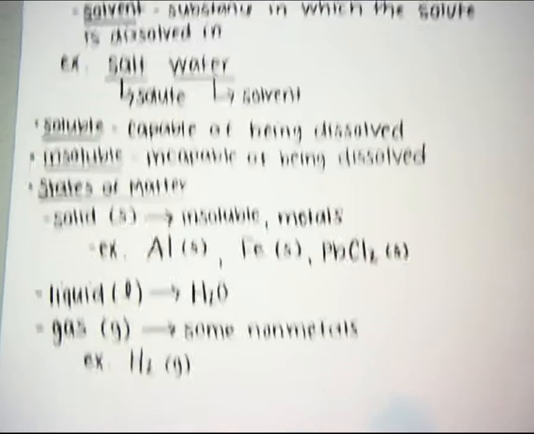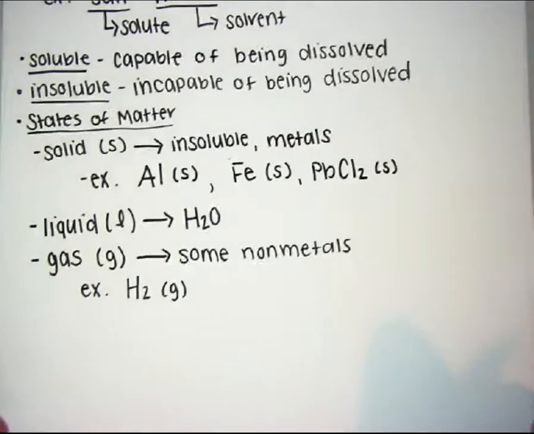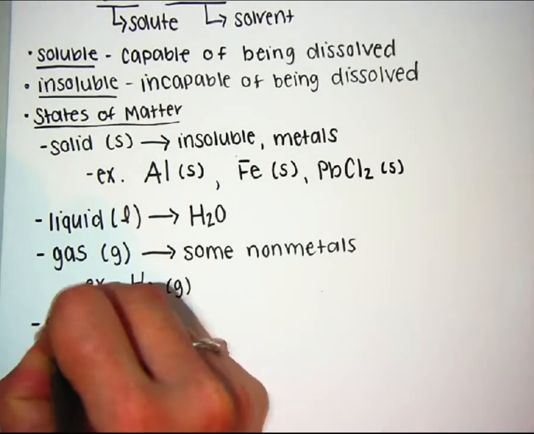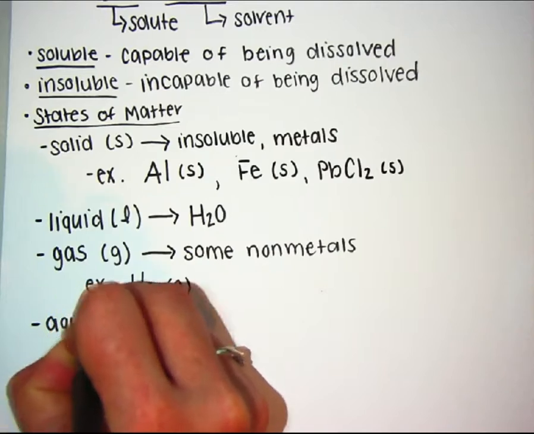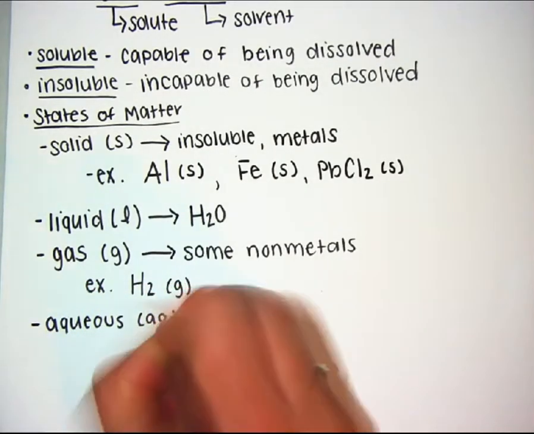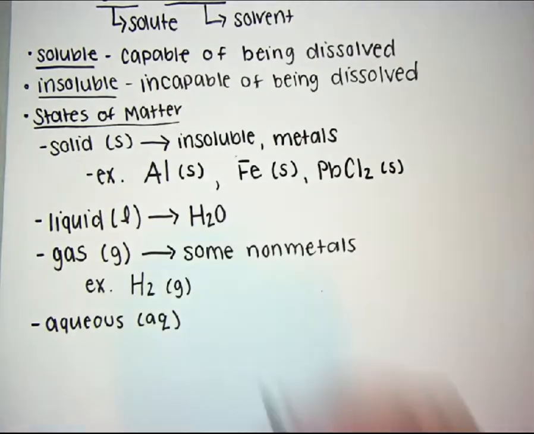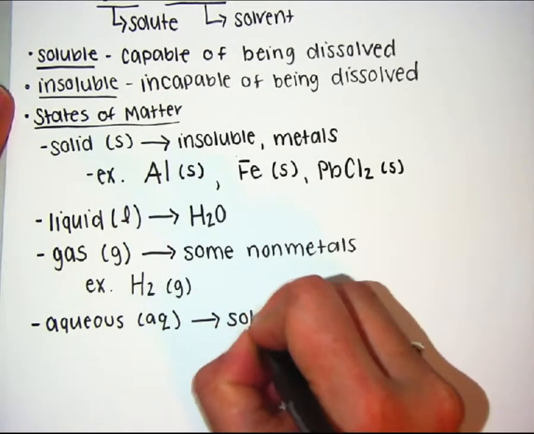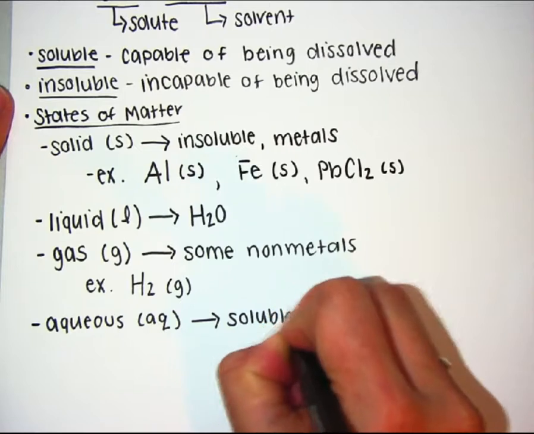Lastly, if we have an ionic compound that dissolves in water, we call that compound aqueous. And then it is going to get an AQ. We're going to use this for compounds that are soluble in water.